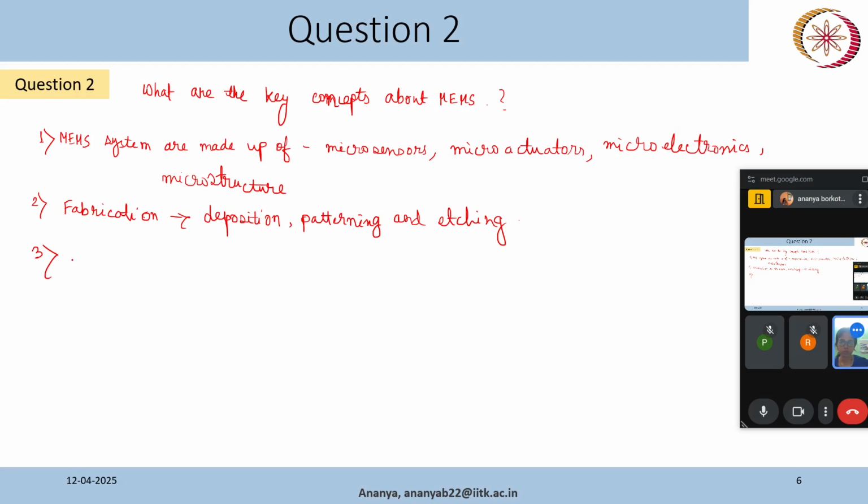So chemical etching is popular mainly for MEMS systems, because we go for bulk micromachining to make cantilever kind of structures. For that we have to etch out a significant portion of the wafer, and that is why we prefer chemical etching, which generally has a higher etching rate compared to dry etching. Okay, so that was the third point.